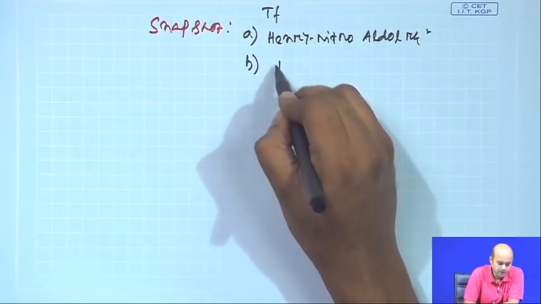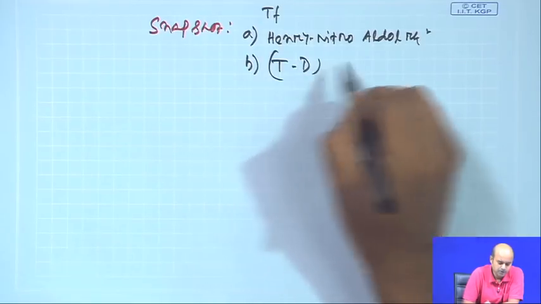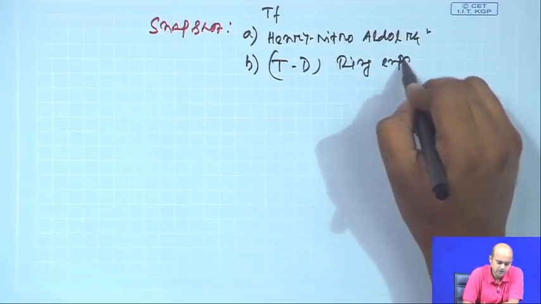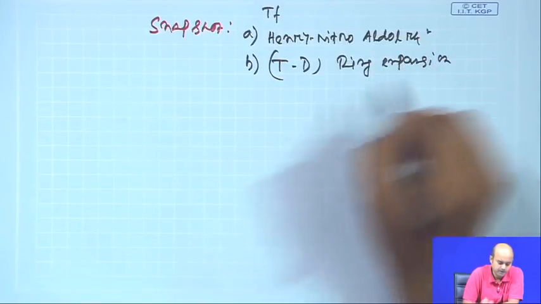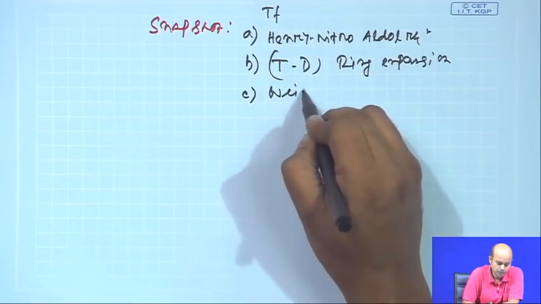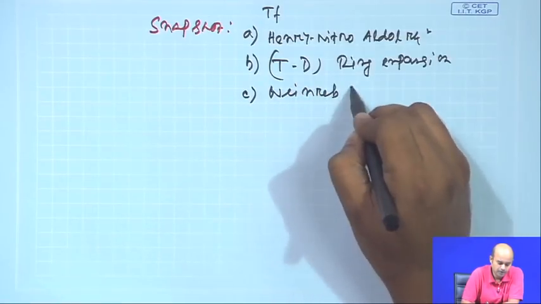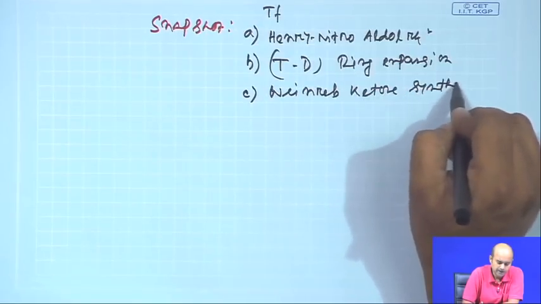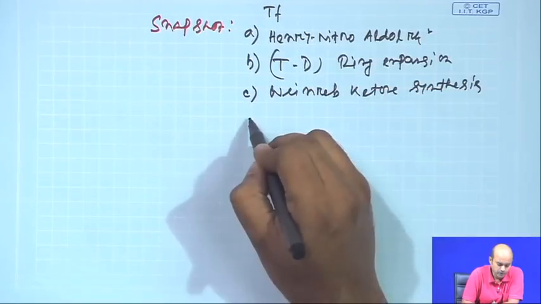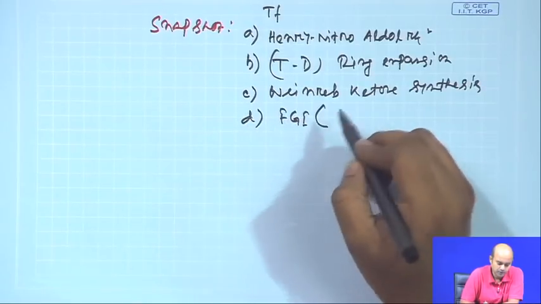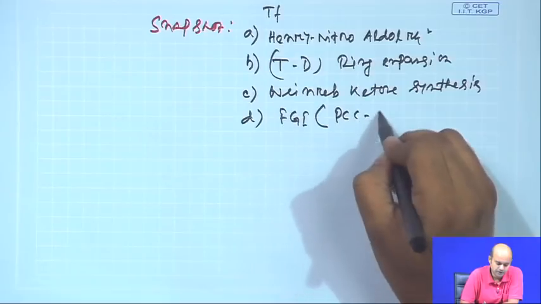We used the Tiffeneau-Demjanov ring expansion reaction, that was a very interesting reaction, and we explained it in detail. Then at the end, which is very well known to all of us, the Weinreb ketone synthesis. We also used a couple of functional group interconversions, like PCC based oxidation.